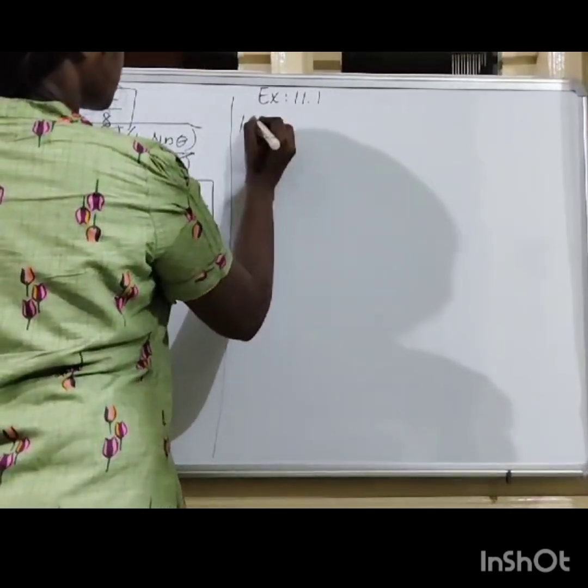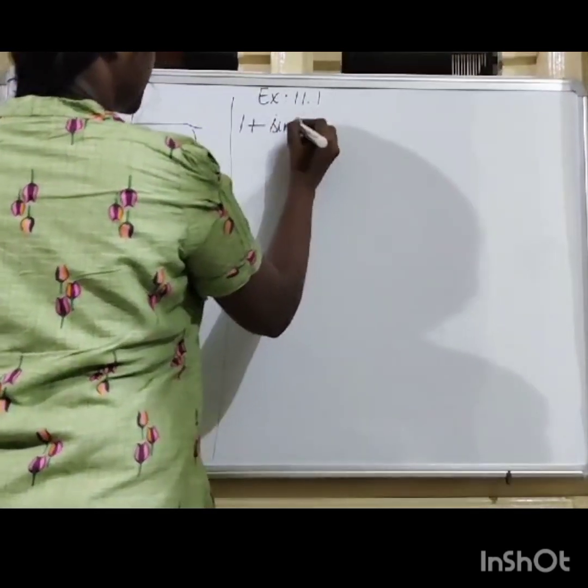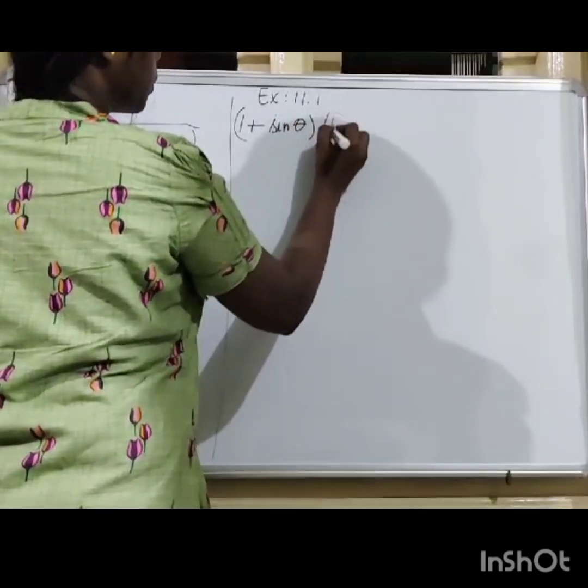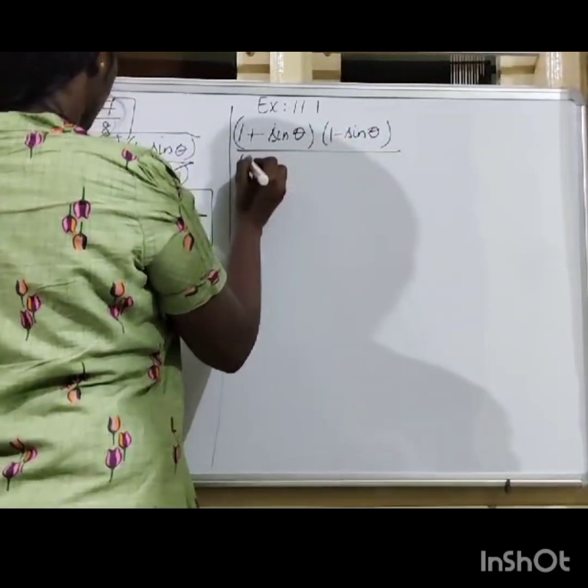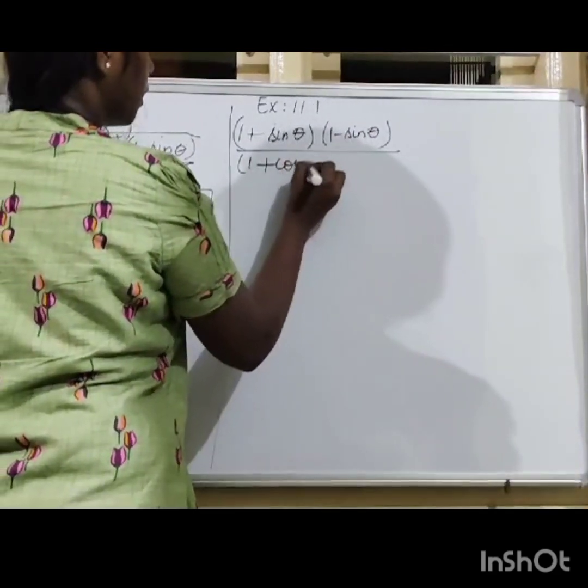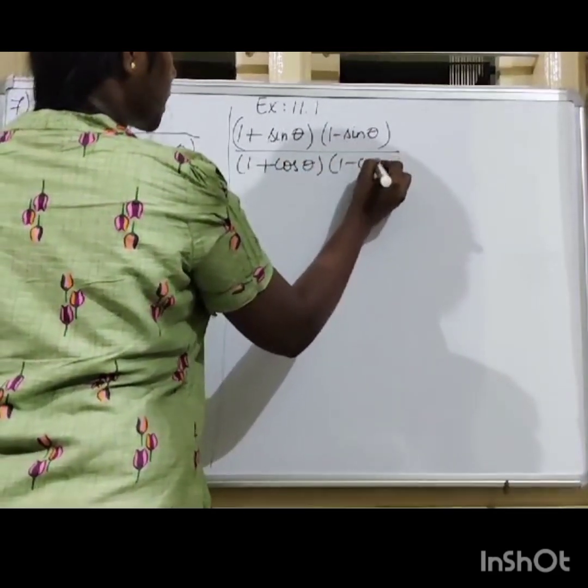So our question is (1 plus sin theta)(1 minus sin theta) whole divided by (1 plus cos theta)(1 minus cos theta).